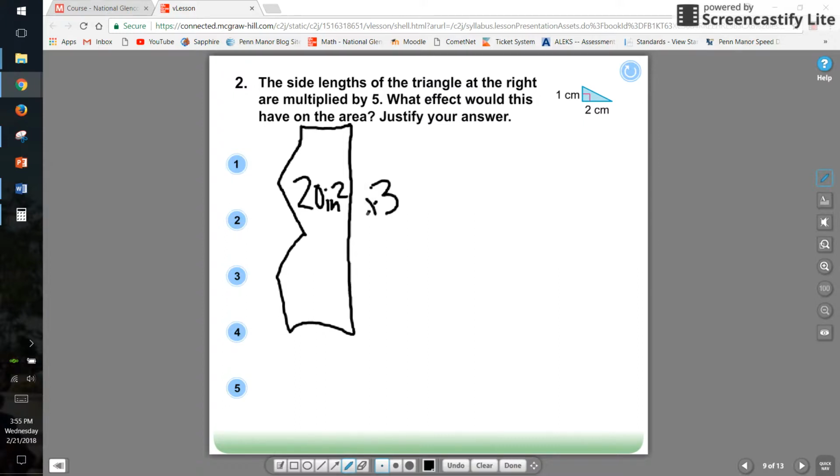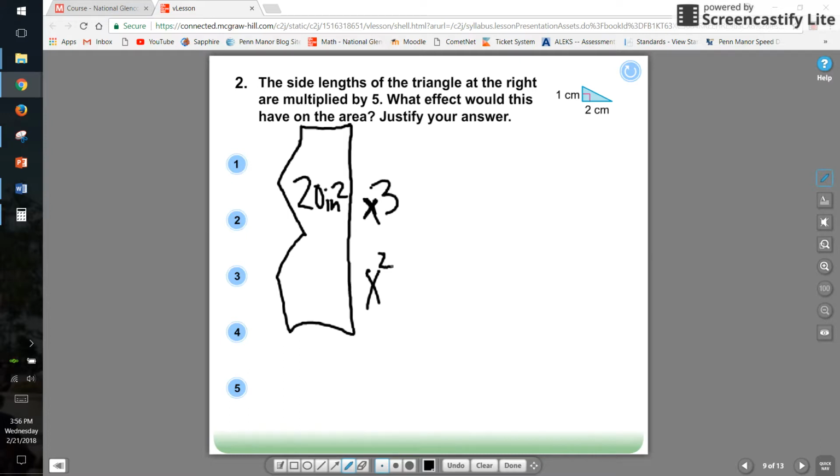Now, if you remember from that first example, I can't just straight up multiply times 3. That's not going to give me the area. If that was the perimeter, it would. But we're not talking perimeter, we're talking area. What we really need to do is whatever x is, we're going to essentially times it by itself, right? So what is 3 times 3? Isn't it 9? It is.